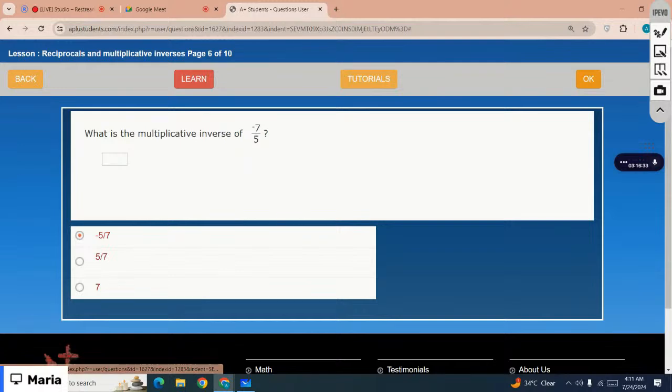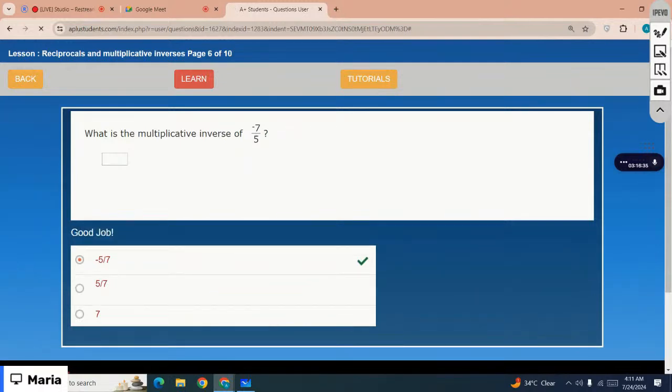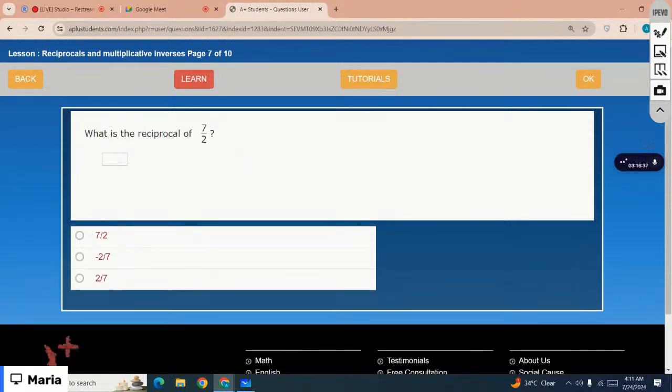Option number 1 is the correct option. What is the reciprocal of 7 over 2, which is the correct option?